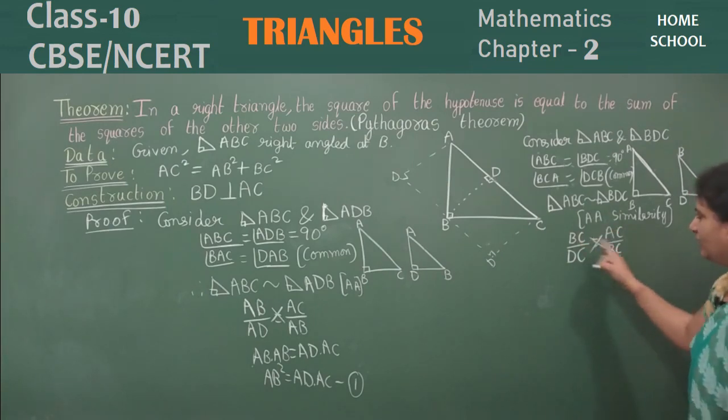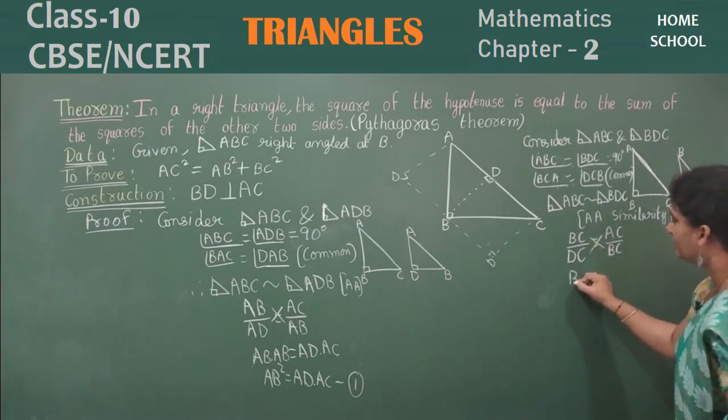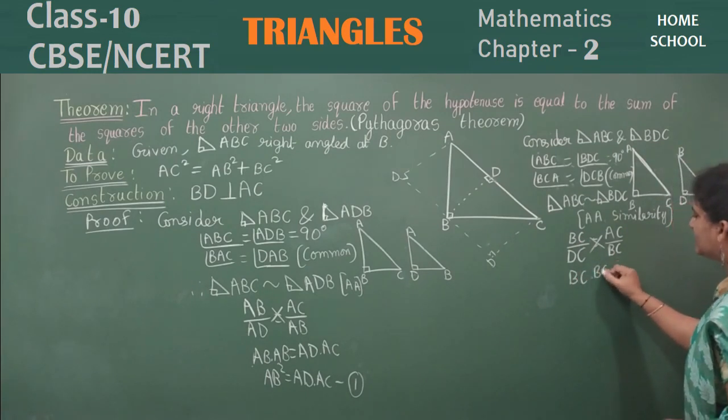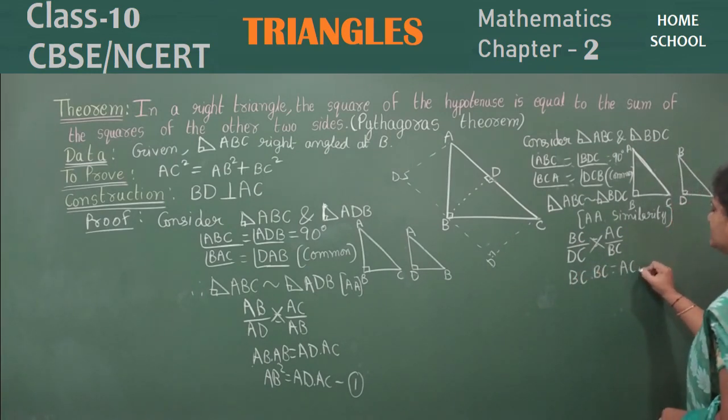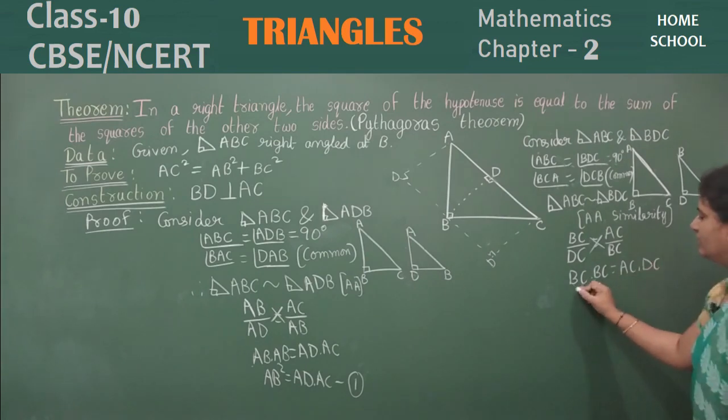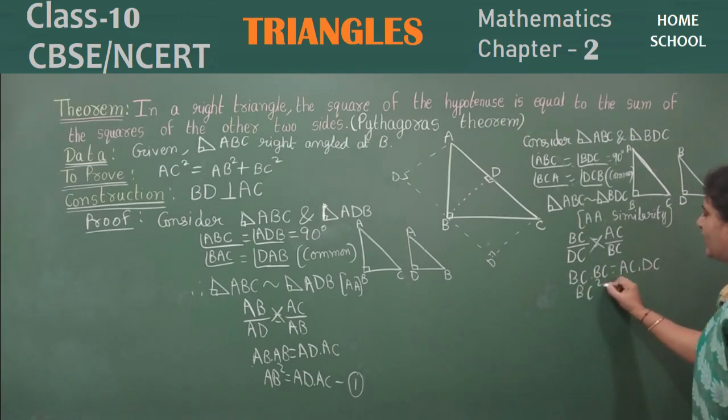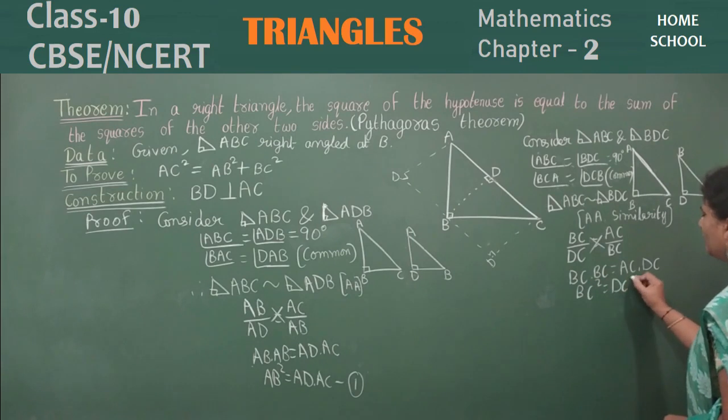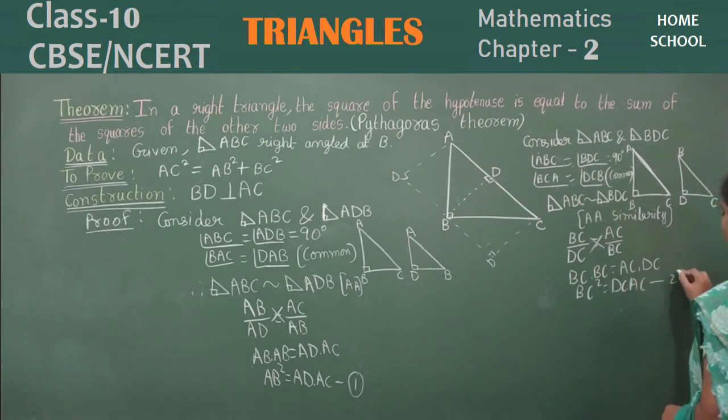Cross multiply, BC into BC is equal to AC into DC. That makes BC square is equal to DC into AC, I may write DC into AC also, no problem.